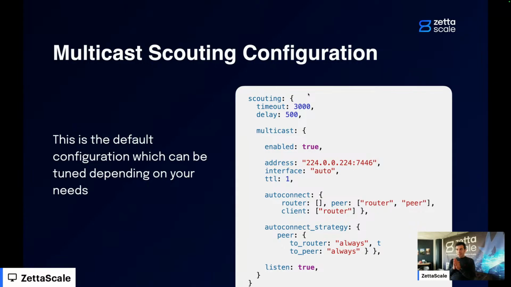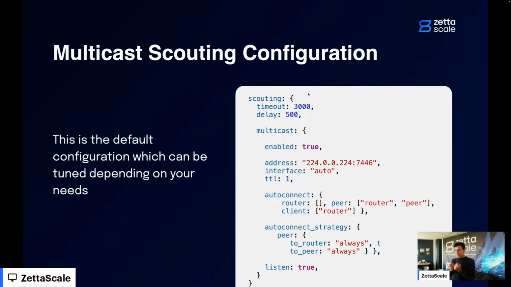The interface is chosen automatically, but you might want to specify a specific interface over which you want to do scouting. And you can also control the time to live. Time to live is how many hops your scouting message will be routed by the IP network.